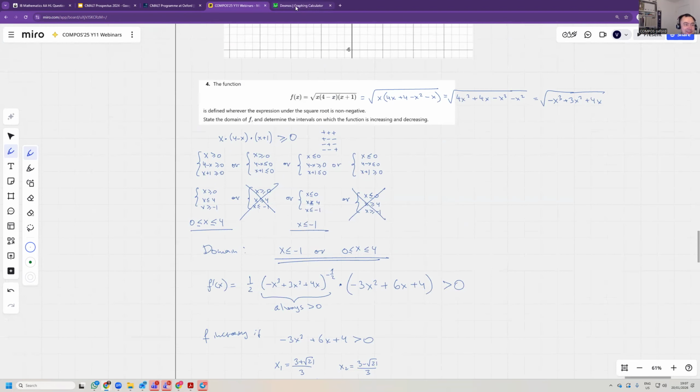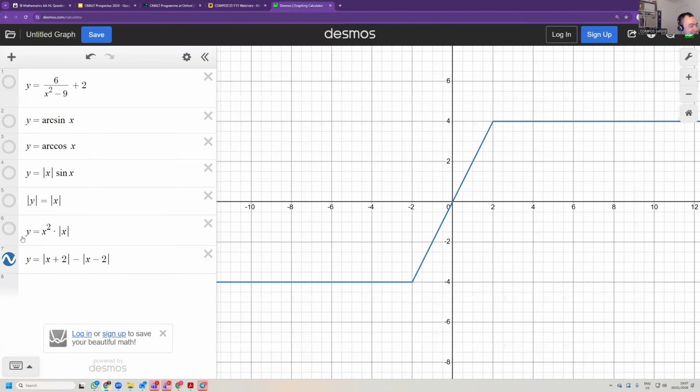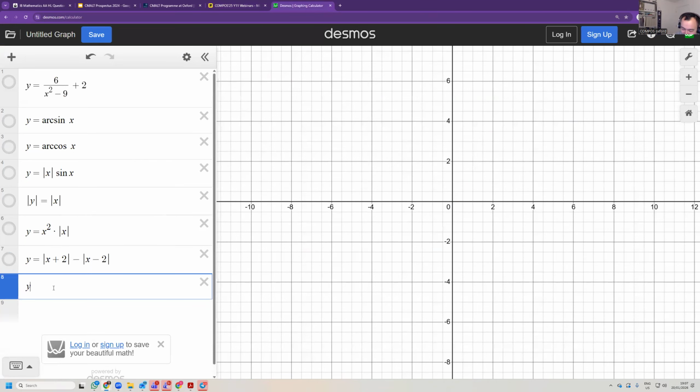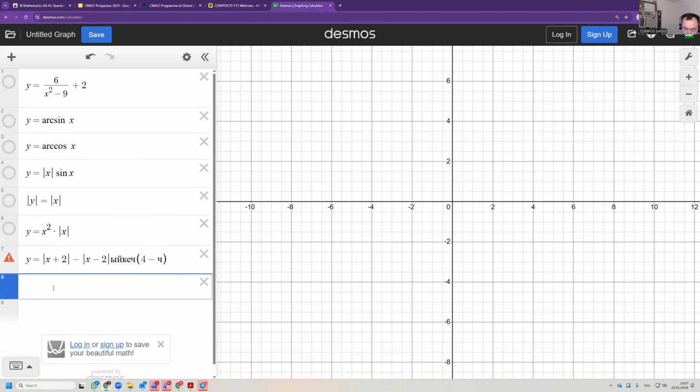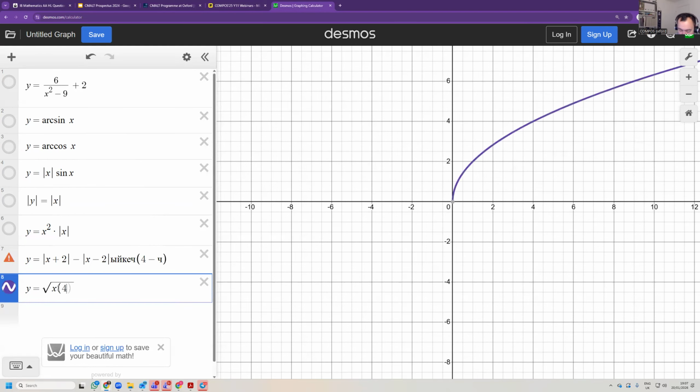Let's see if we've messed up. y equals square root of x times 4 minus x times x plus 1.